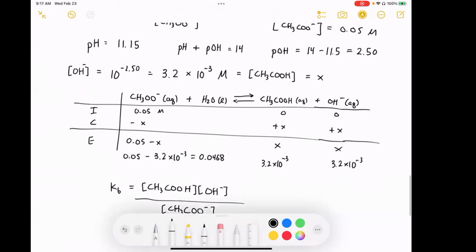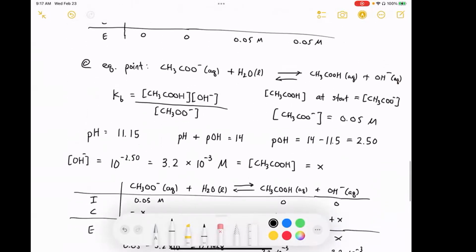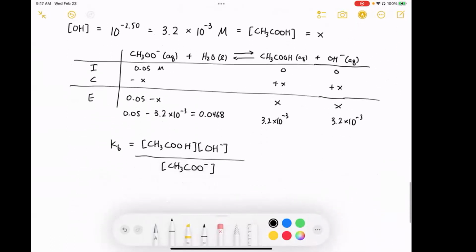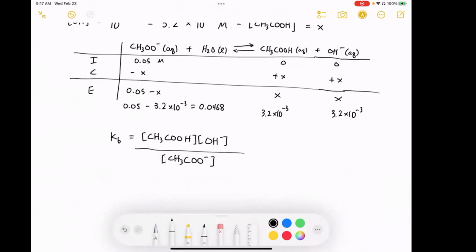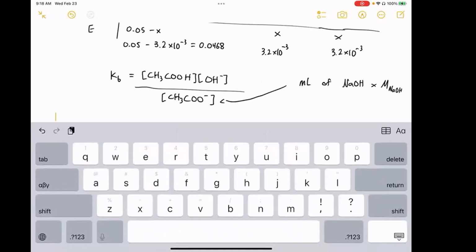To figure out this 0.05 molar, you would take the milliliters of sodium hydroxide multiplied by the molarity of sodium hydroxide, and then divide by the volume, converting milliliters to liters.